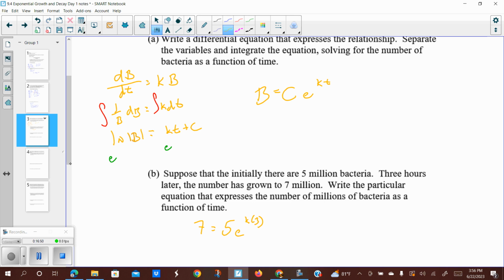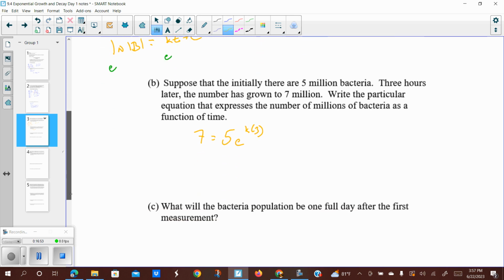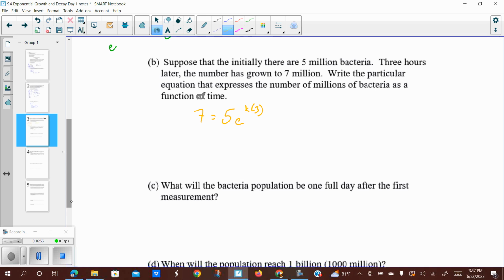We're going to solve it exactly as opposed to using a decimal approximation, because the more you truncate and round your decimal early, the harder the problems will become later, and the less accurate too. So we're going to divide both sides by 5. Now the k is in the exponent of the exponential, which means in order to get that out of there, we need to take the natural log of both sides.